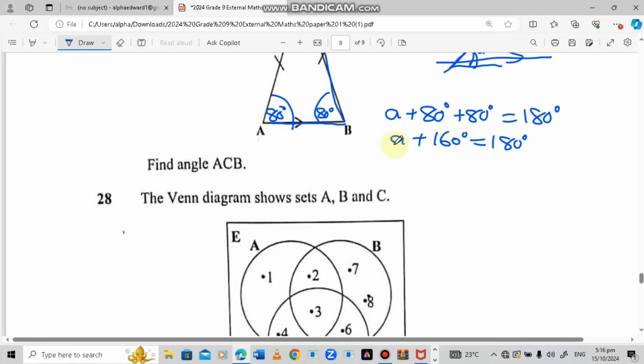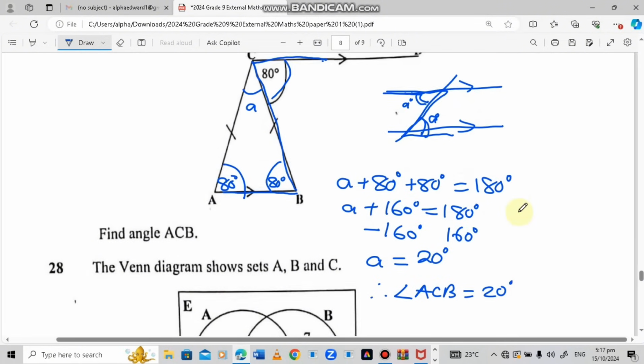To get the value of A, we take away 160 degrees on both sides, because we are doing the inverse operation of positive 160, so that this becomes 0. So A is equal to 180 minus 160, which is 20 degrees. Therefore, angle ACB is equal to 20 degrees.